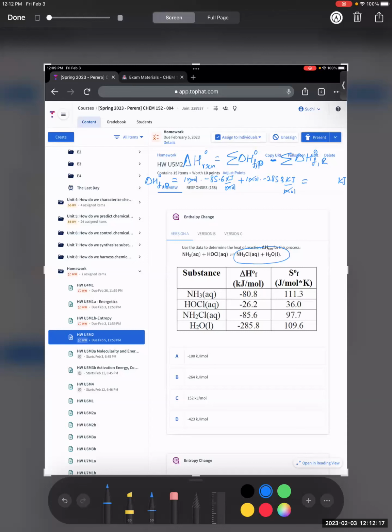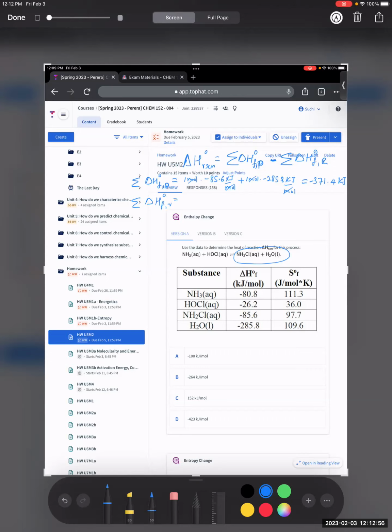That value is minus 85.6 plus minus 285.8, and that is minus 371.4 kilojoules. Then we're going to do the same thing for the reactants, the sum of formation enthalpies for the reactants.